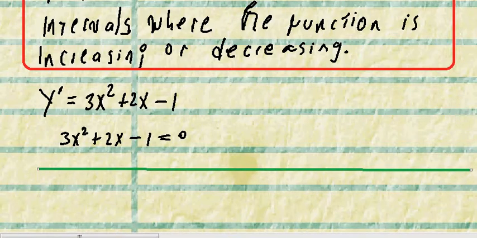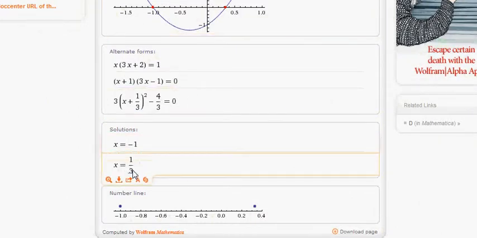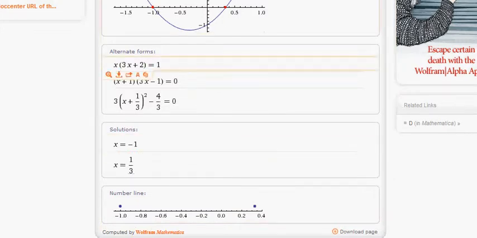And then I am going to plot on this real line the values x equals negative 1 and x equals 1/3. All right, so let me do that.